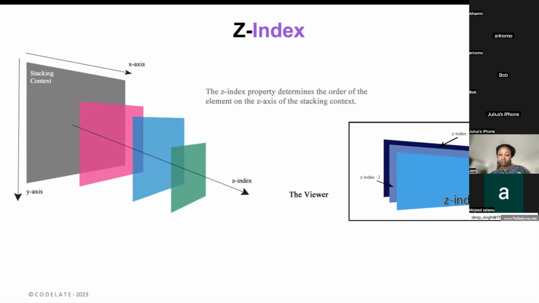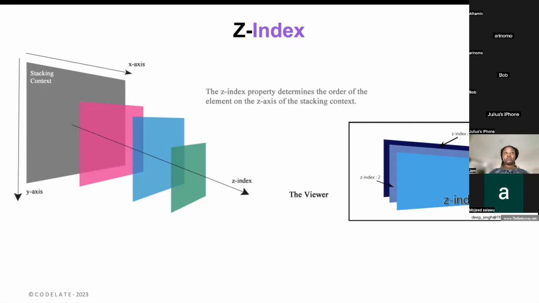Just in your mind, paint it green. Let's say this is green and this is red. If I show you this green, what you see is green, right? If I put this red in front of it, you're going to see red because they are the same size. If I bring in another blue paper and put it in front, you see blue. If I bring in a yellow paper and put it in front again, you see the yellow. That's Z-index.